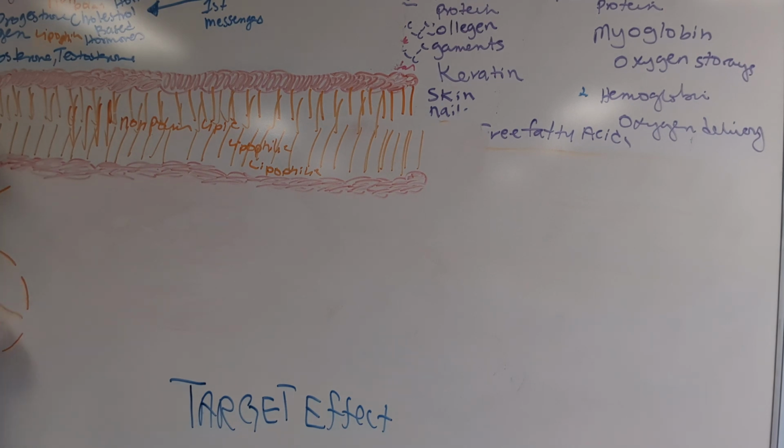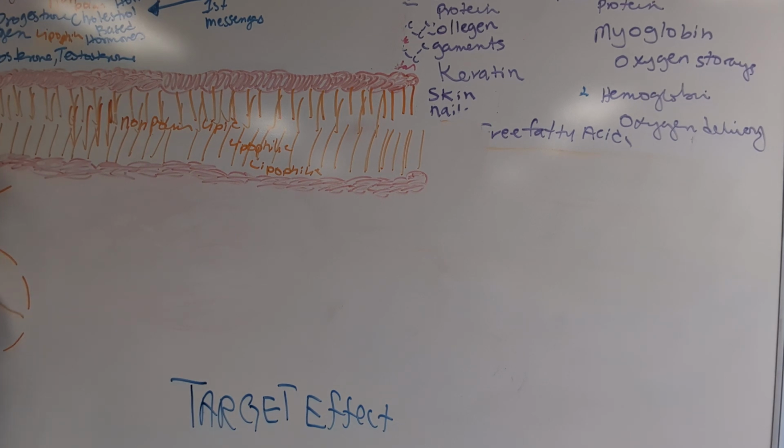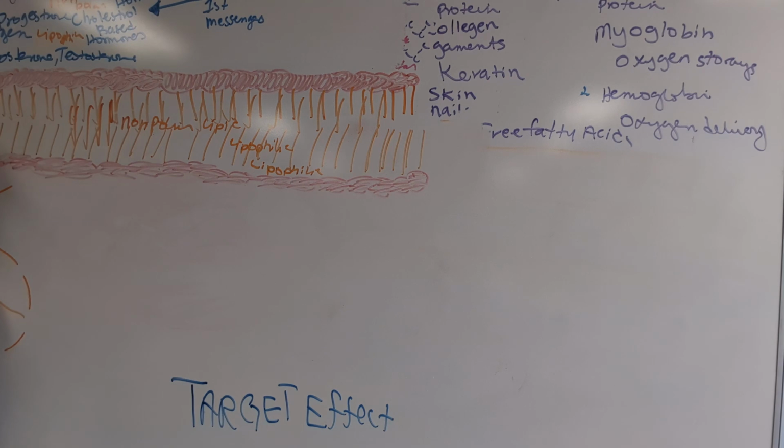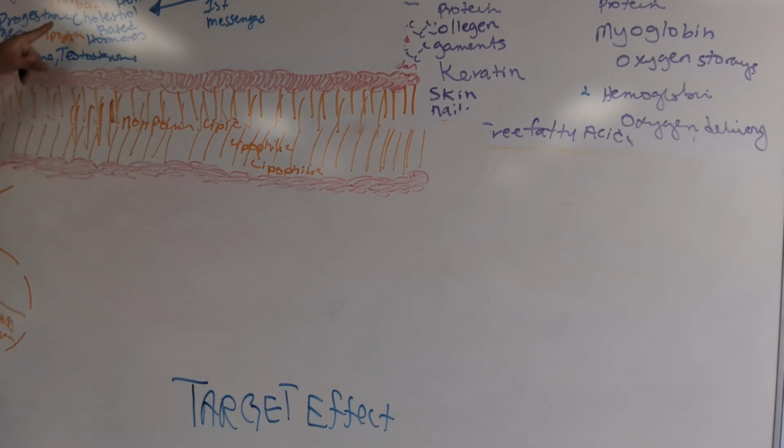And in my nucleus, I'm going to have my DNA. And on the DNA, there are receptors that are bound to the chromosome, to the DNA. And once this aldosterone, testosterone bind to the DNA, it's going to be able to transcribe for me mRNA.